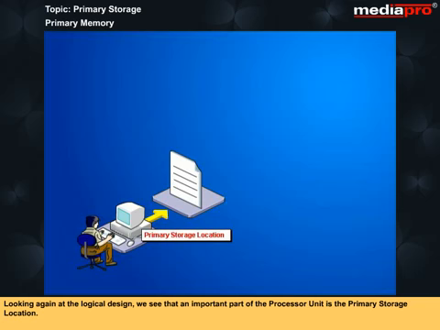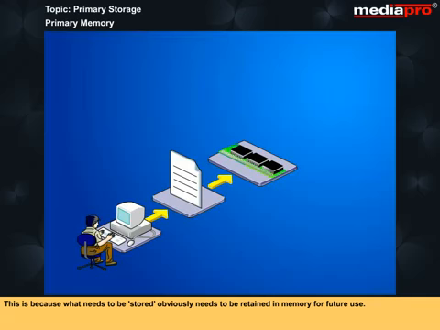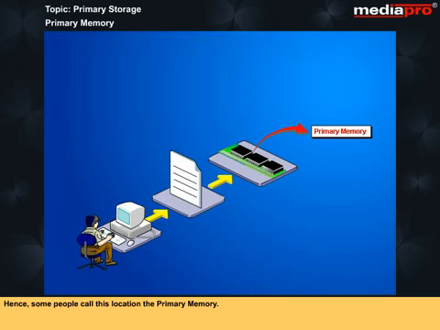Looking again at the logical design, we see that an important part of the processor unit is the primary storage location. At the outset, let us clarify that the terms storage and memory have come to be used interchangeably. This is because what needs to be stored obviously needs to be retained in memory for future use. Hence, some people call this location the primary memory.